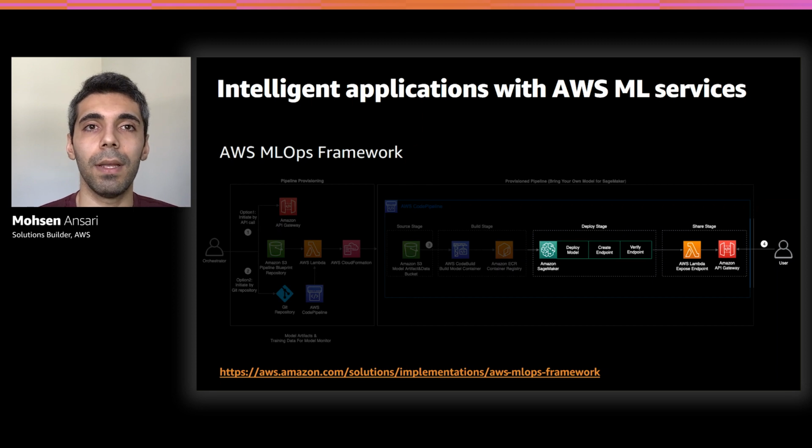So now, if a user wants to access my SageMaker endpoint, they have to go through API Gateway. And API Gateway has security features, it has IP blacklisting, it has request throttling so that I can restrict the access that my users have to my machine learning services.